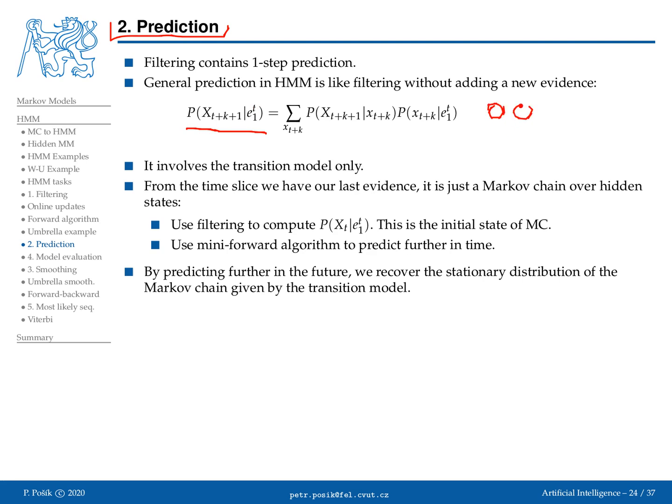So it's something like this, right? You have the hidden states, you have some observations up to t, and you would like to somehow predict to the future. Predict the distribution at time t plus k plus 1.